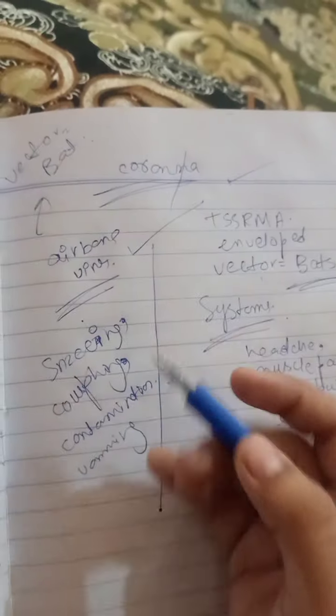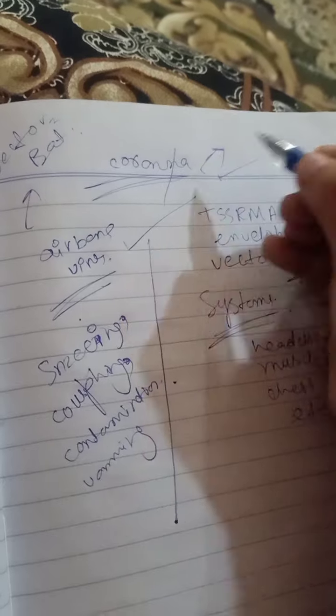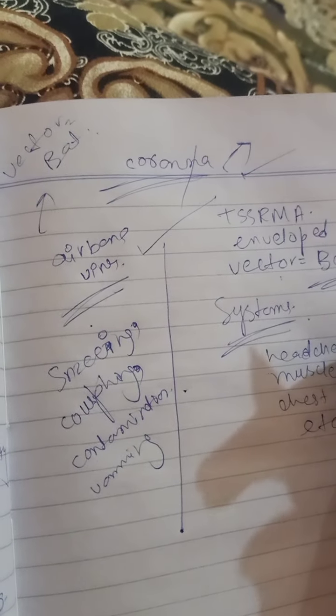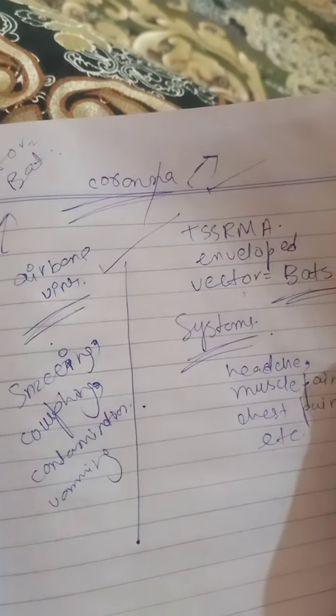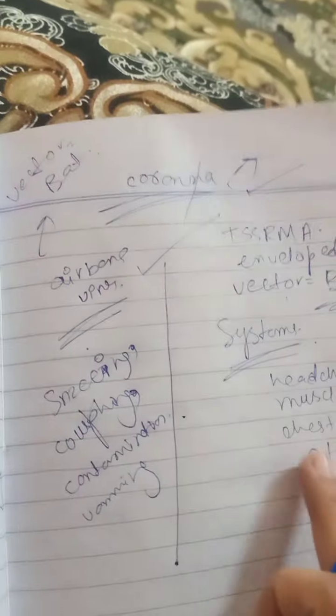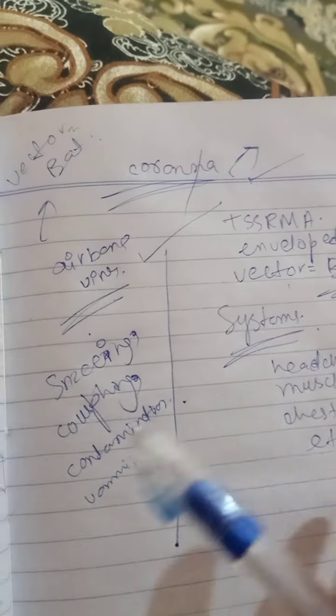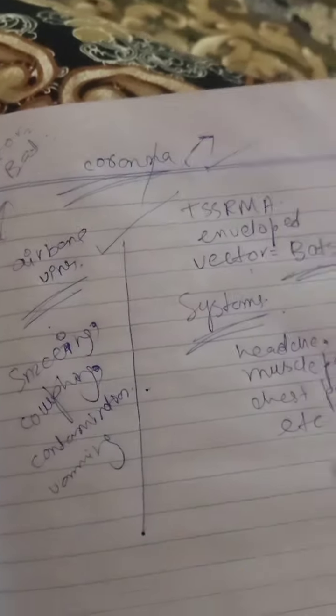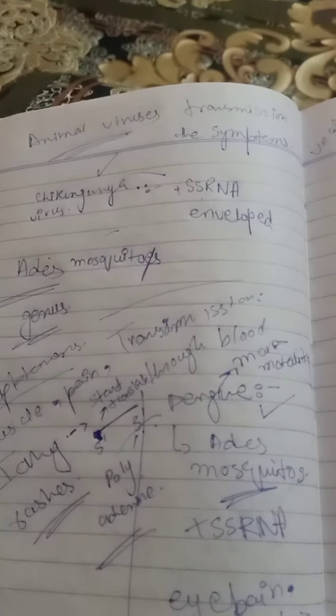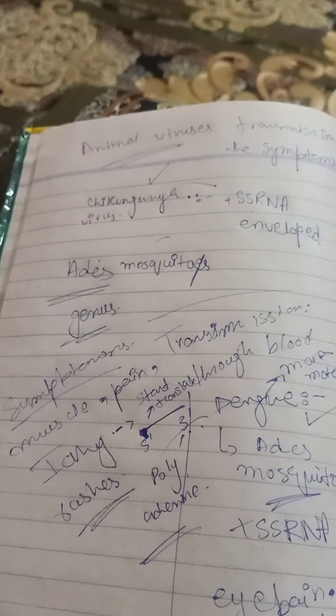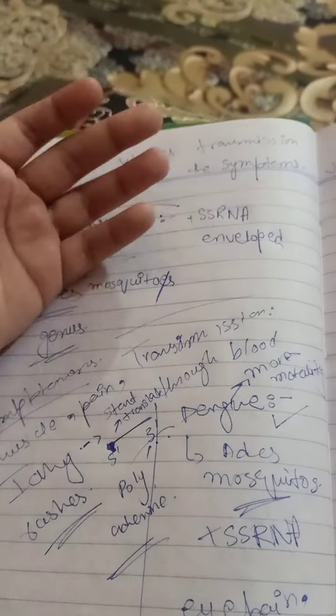As you all know, the coronavirus vaccine is also available in our country. Their vaccines are available, and research on all of these is continuing. So that was today's lecture, the animal viruses, transmission and their symptoms.